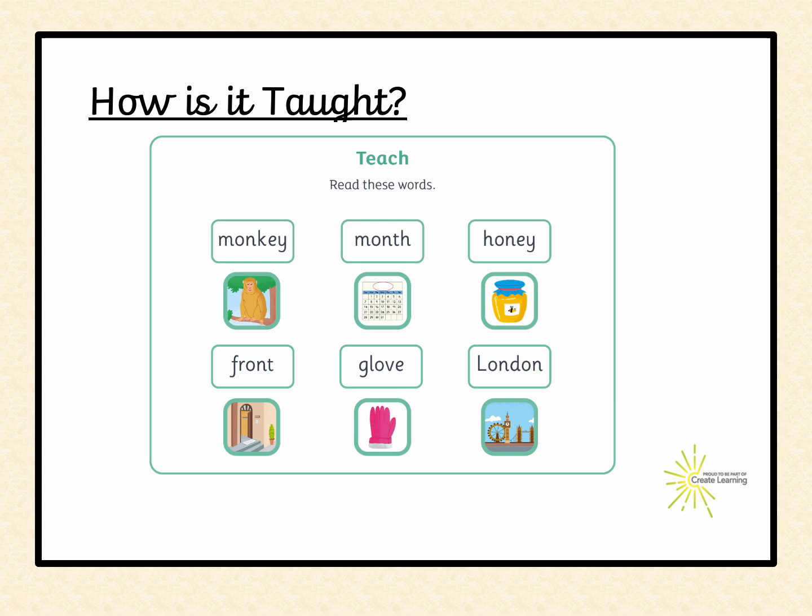So monkey, month, honey, front, glove, and London. So we'd make sure first, if the children are able to read, we'd read it together as a class, but I would first point out to them that it has this grapheme here that makes the phoneme. Just make sure the children realize that is still what we're focusing on, and make sure that helps them pronounce that word correctly.